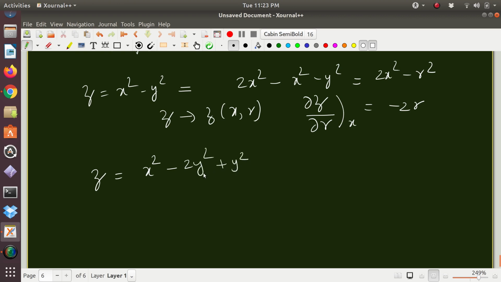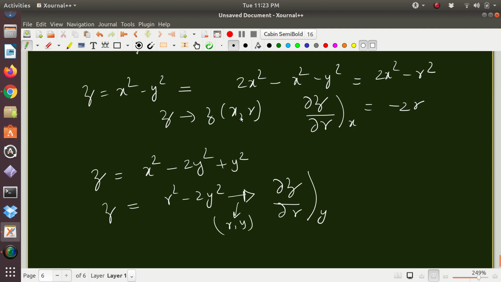Okay, so x squared plus y squared is r squared, so z will become r squared minus 2y squared. So now I can take partial z with respect to partial r, but keeping y as a constant, because in this functional representation the independent variables are r and y. Here it is r and x. So when I do this, the answer I will get is plus 2r.